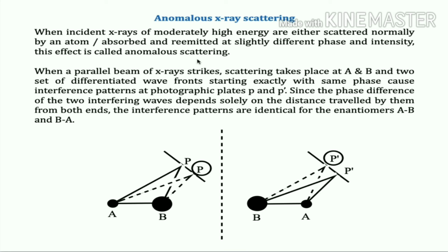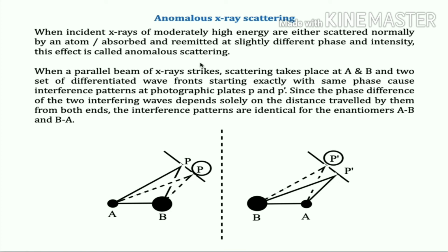So when we apply X-rays of moderately high energy to a particular molecule, the X-ray may either be scattered normally by the atoms present in the molecule, or some atom may absorb the X-ray radiation and then re-emit it. While doing that re-emission, there is a difference in the phase.